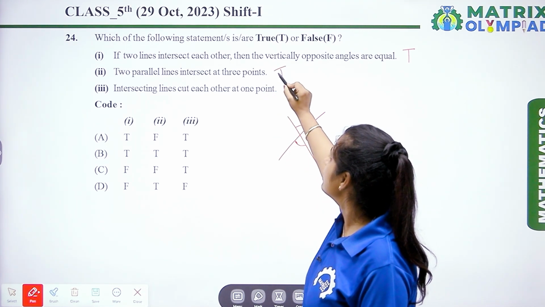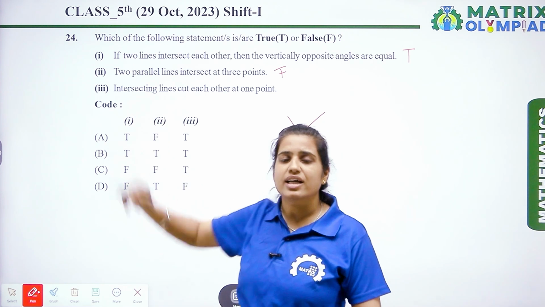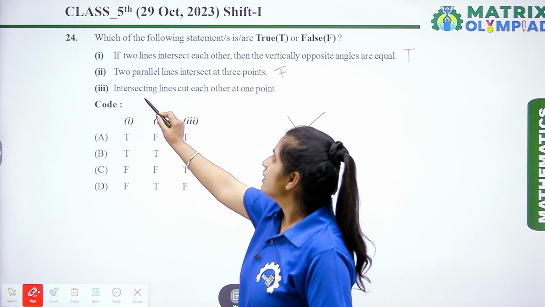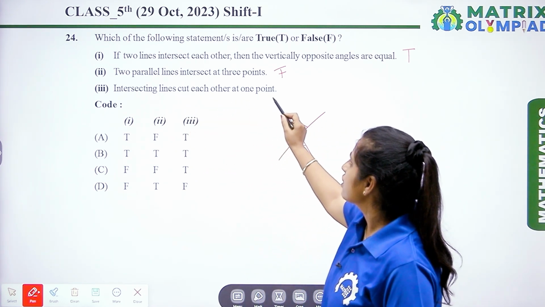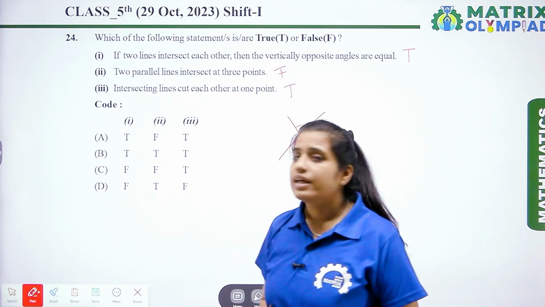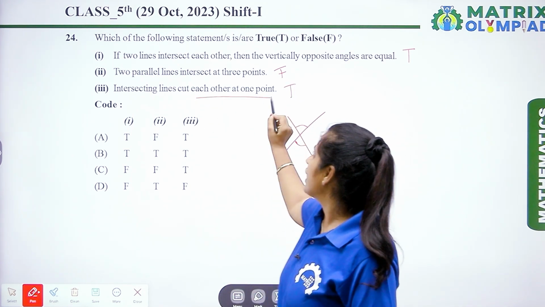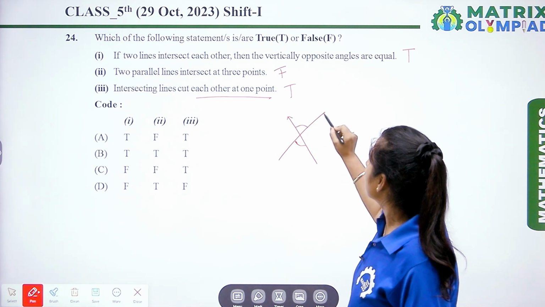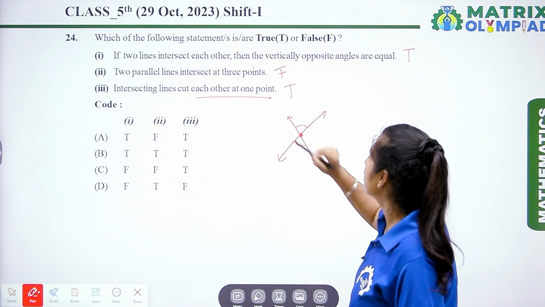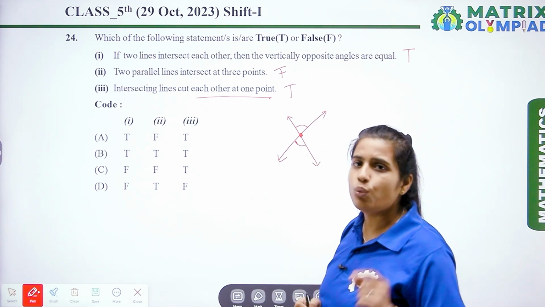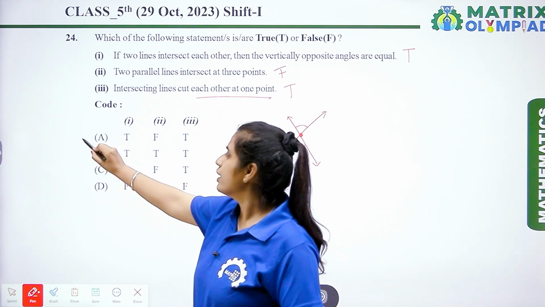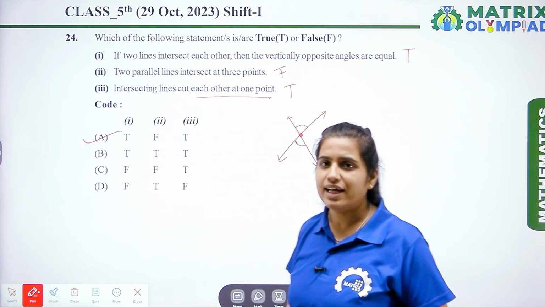This statement is false because parallel lines never intersect each other. Third is intersecting lines cut each other at 1 point. Yes, this statement is also true. We can say that in this diagram also two intersecting lines are intersecting each other at 1 point. So the sequence is true, false, true. So option A is the correct answer.